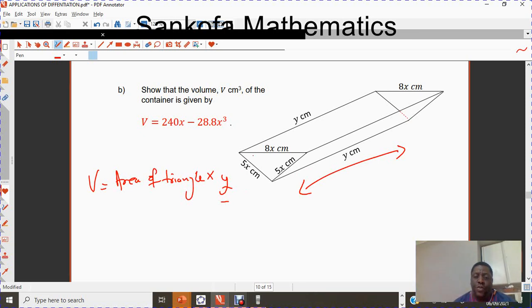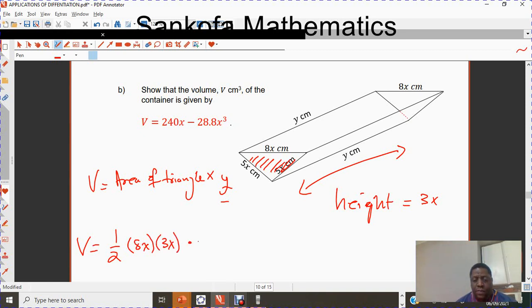So we already determined what the area of one triangle would be. We know that the height of the triangle was 3x from our previous work. So the area will be a half times the base, which is 8x, times the height, which was 3x, times y, in order to find the volume.